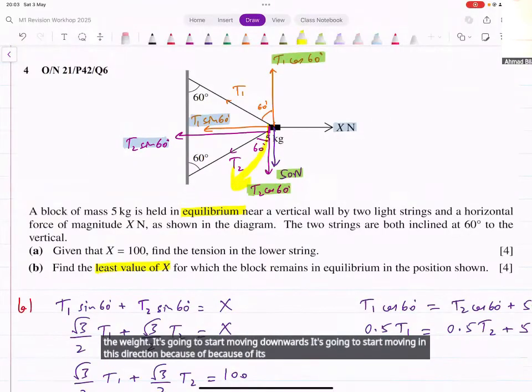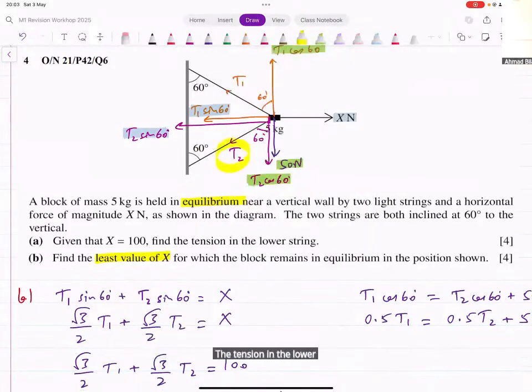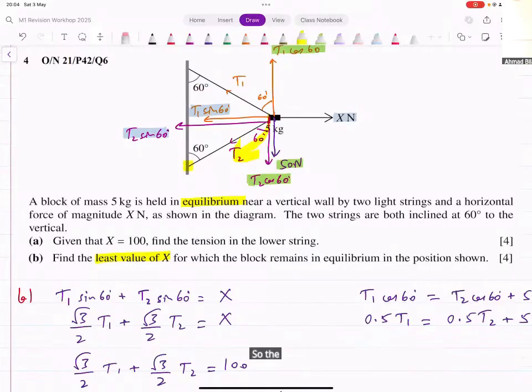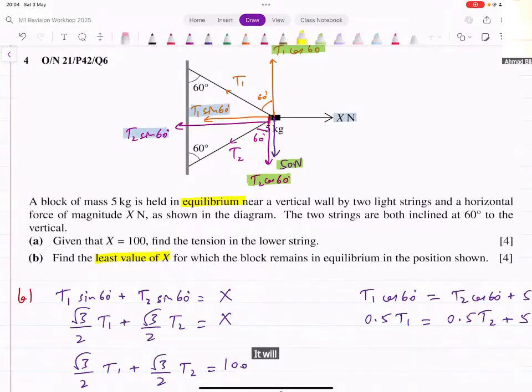When that happens, what is the tension in the lower string going to become? How do you know which string becomes slack? Because the object is going closer to the upper string's point, so the string's length will be longer, and it will no longer be straight anymore. It will be slack. So when the object moves down, in this case, the lower string becomes slack.